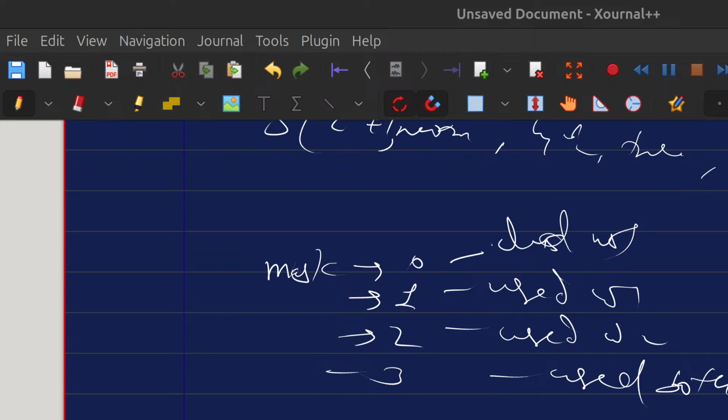Instead of true, we have to change this, because this is for the mask: whatever the mask is, we OR with 1, because we are using word 1.